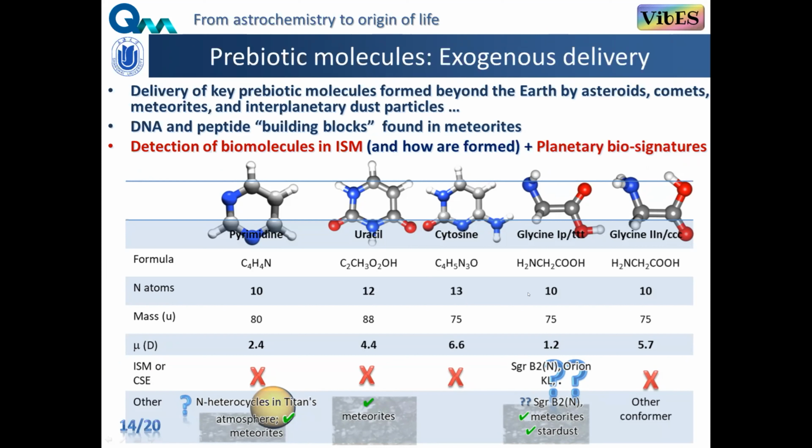I will just highlight that so far, from the DNA bases, pyrimidine and uracil were confirmed to be present in meteorites as extraterrestrial, and glycine and some other amino acids were also confirmed. But none of these molecules has so far been confirmed in the interstellar medium.